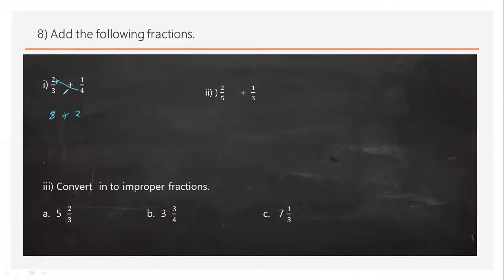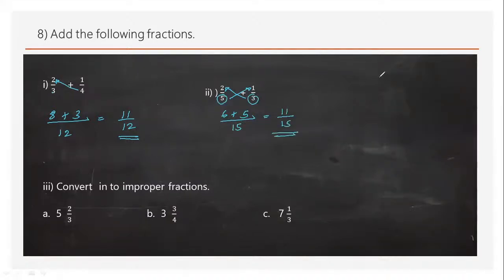This way is easy. 3 times 4, 12. 8 and 3, 11 over 12 is the answer here. Then next question. This also follows the same procedure. Then you can write here 3 times 2, 6. 5 times 1, 5. 5 times 3, 15. 6 and 5, 11 over 15.